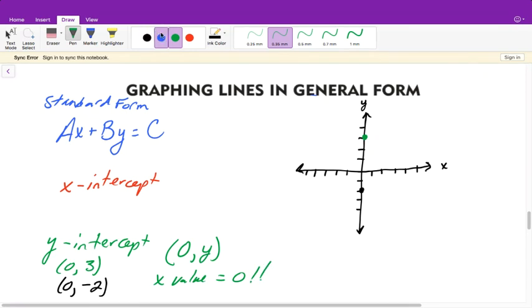All right, now if we look at our x-intercept, if I put this point here, that's where it crosses our x-axis. Well, we didn't move anywhere up or down, so if I ask for my ordered pair here, all I'm doing is moving to the right, 1, 2, 3, 4 for my x, so this will be the point (4, 0).